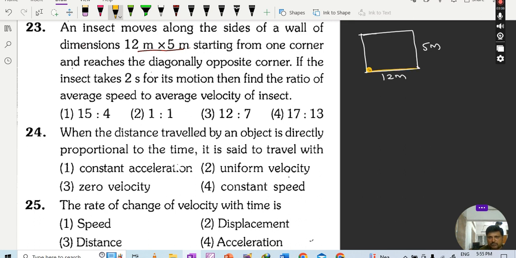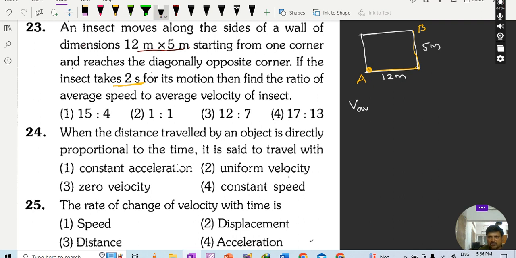This insect moves along the sides of a wall, 12 meter and 5 meter, starting from one corner and reaches the diagonally opposite corner. Suppose A is the one corner and B is the diagonally opposite corner. If this insect takes 2 seconds for its motion, then find the ratio of average speed to average velocity.